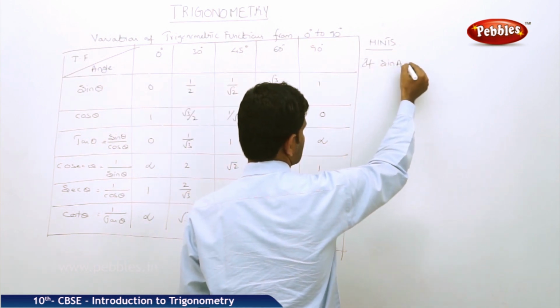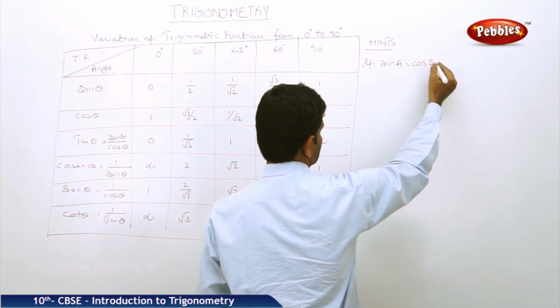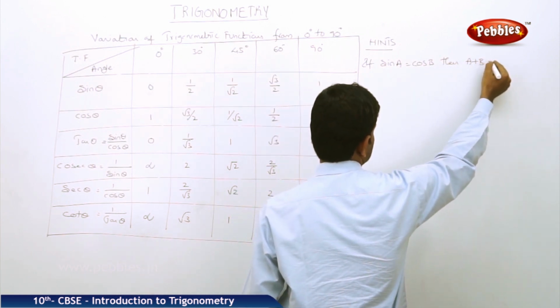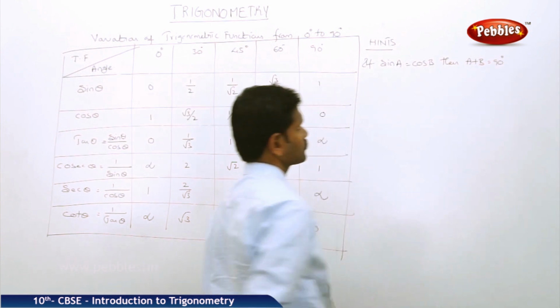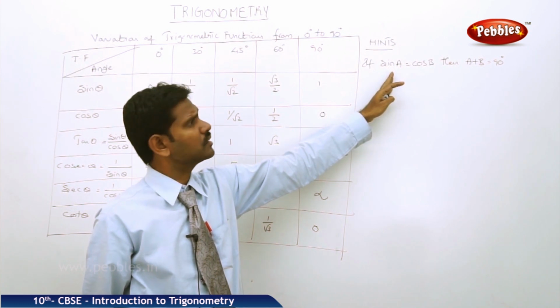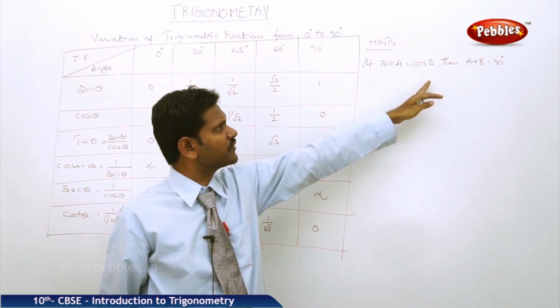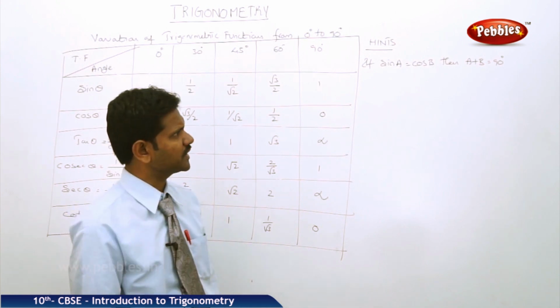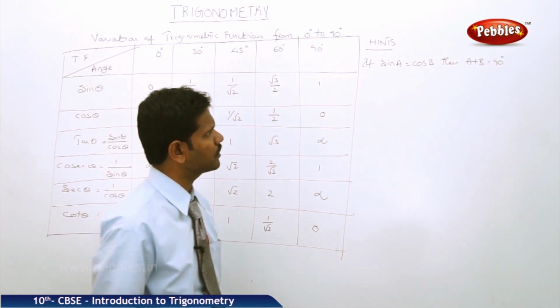If sin A is equal to cos B, then A plus B is equal to 90 degrees. That is, if the sin of one angle is equal to the cos of another, then A plus B is equal to 90. Let us see some examples.